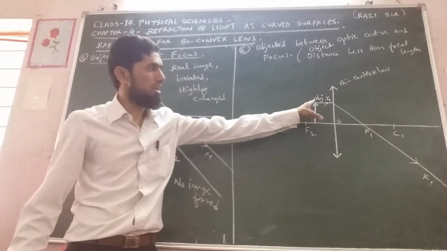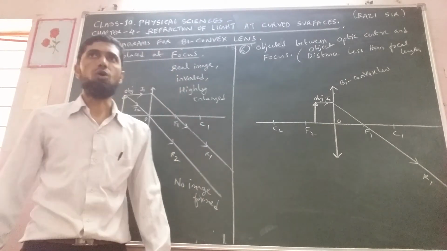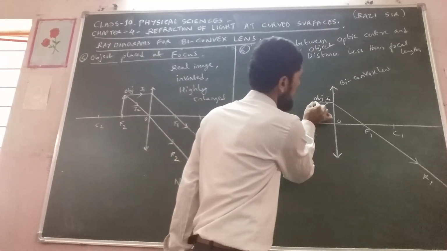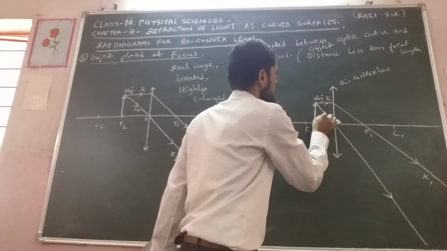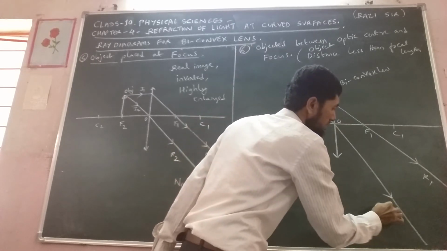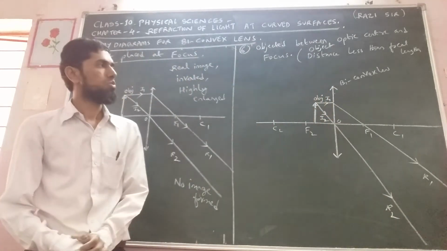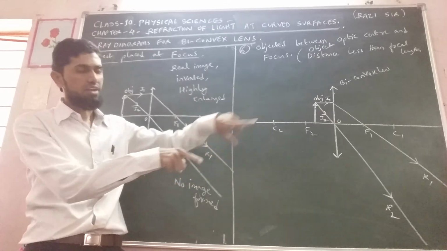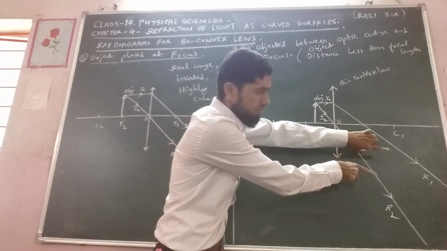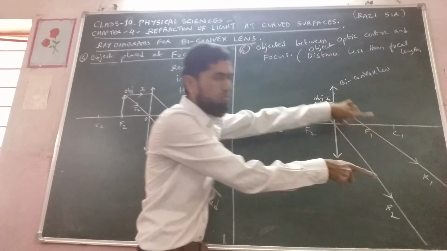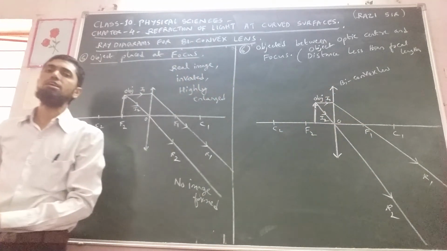The third rule is that a ray which is passing through the optic center will not deviate. We have the incident ray 2 and the refracted ray 2. These two rays are diverging. When they diverge, that means they are not coming closer but they are moving far away. So we do not get any image here.